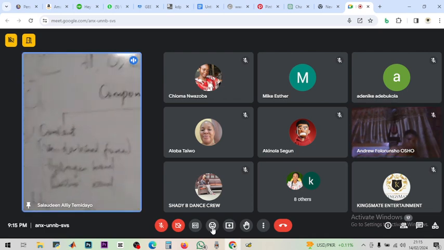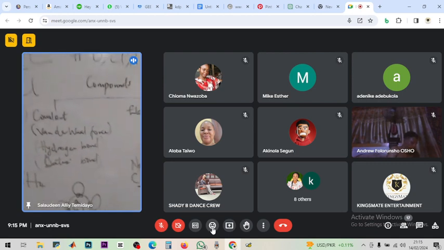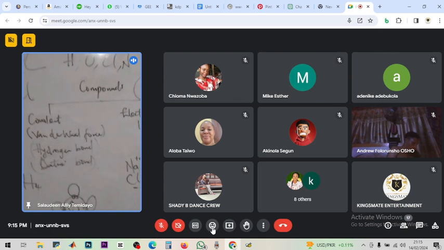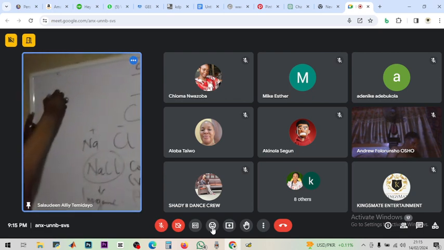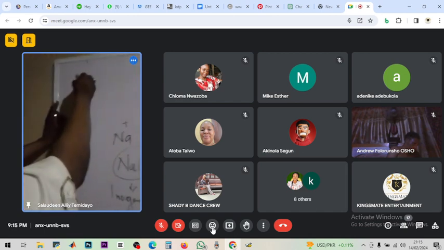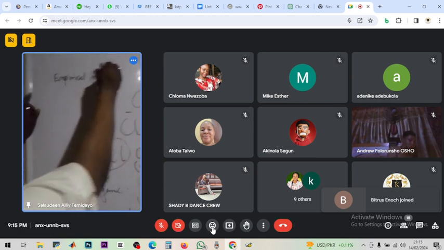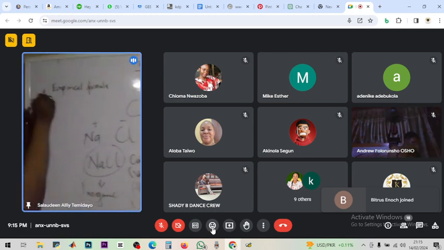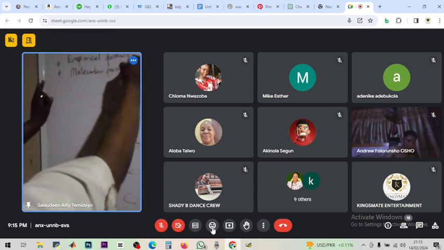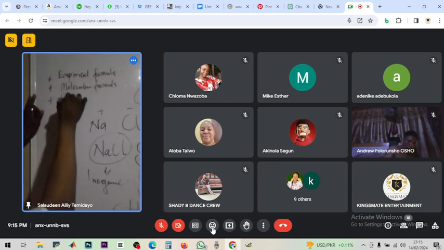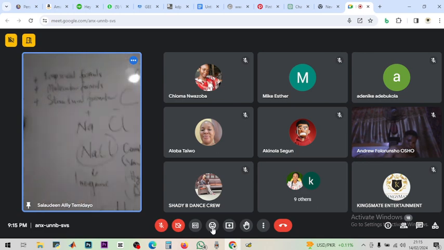So talking about the formula, we all know that we have about three basic formulas for representing elements, compounds, and molecules. Here we have the empirical formula, the molecular formula, and the structural formula.